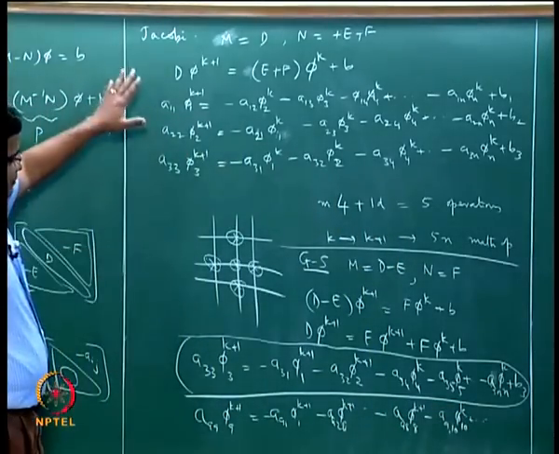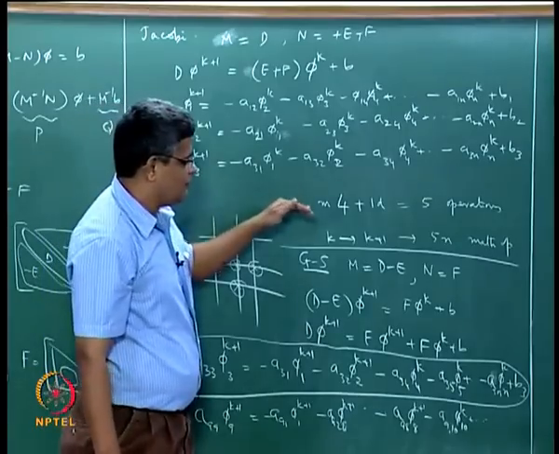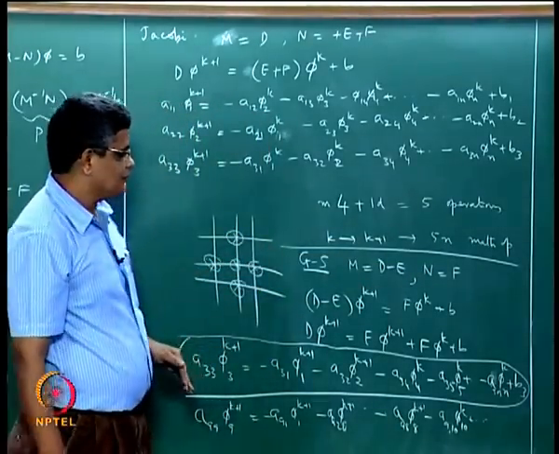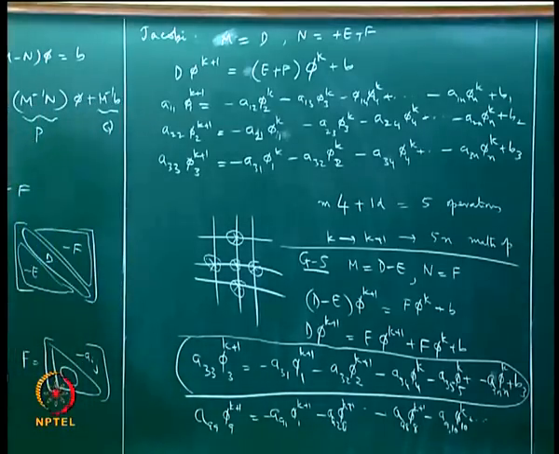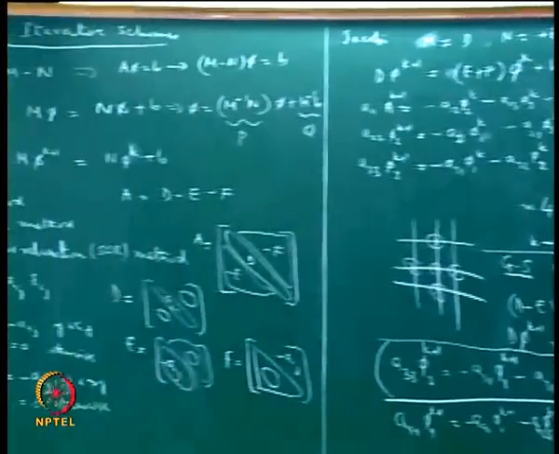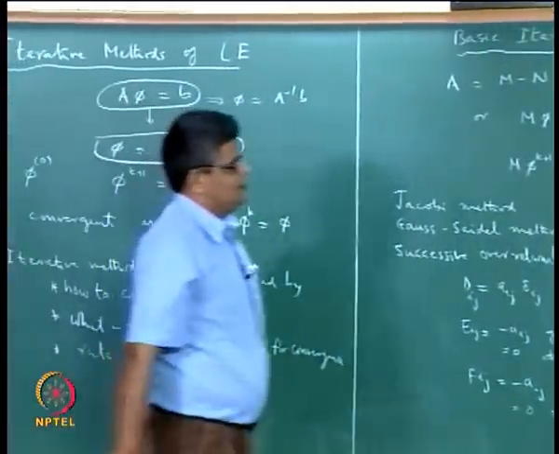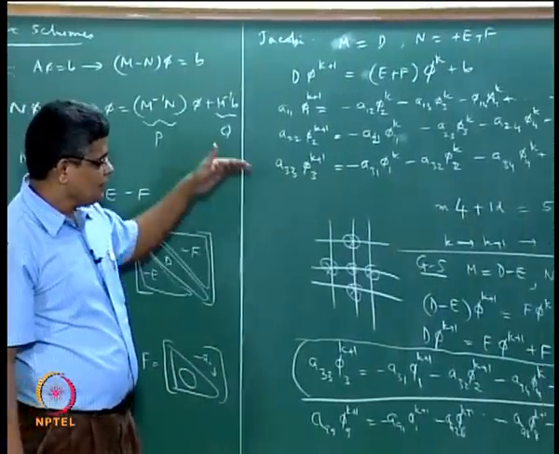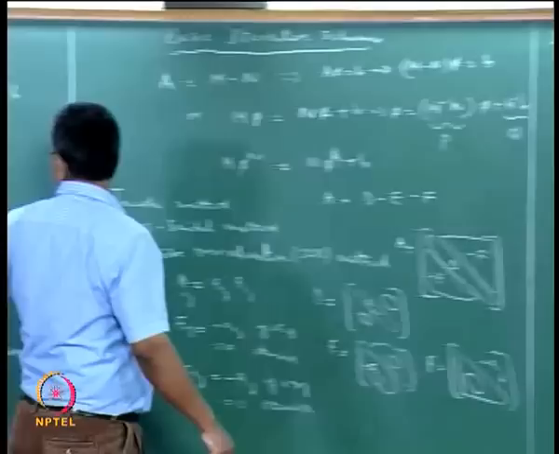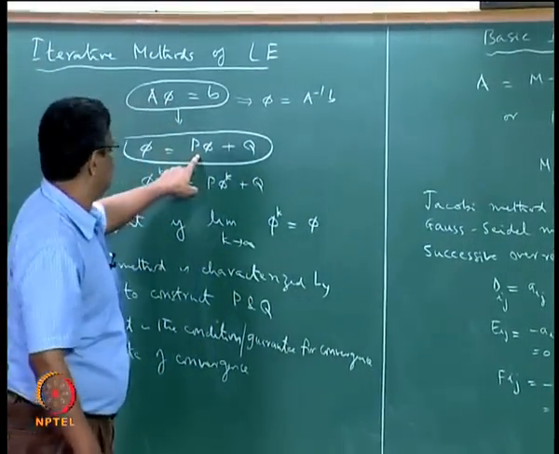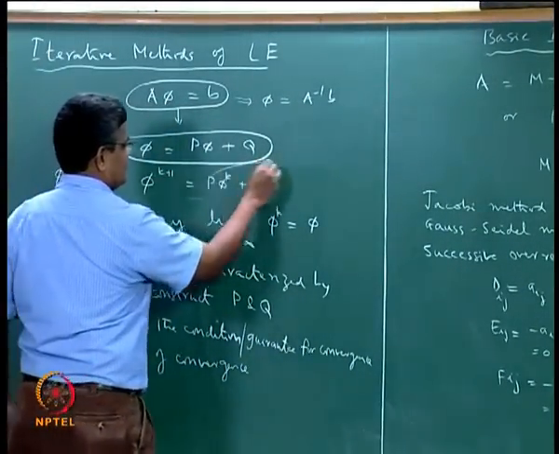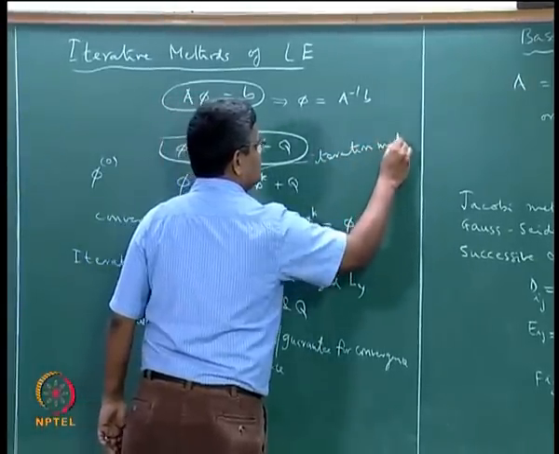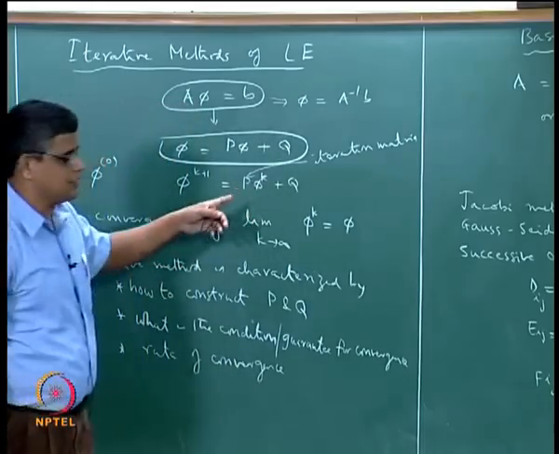So, in both the methods the number of operations required to go from k to k plus 1 is about the same, but the actual number of iterations to reach the converged solution will be different for the Jacobi method and the Gauss-Seidel method, because in the two cases the P matrix, that is, the iteration matrix, is different.